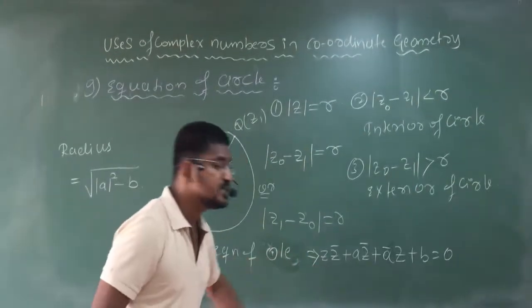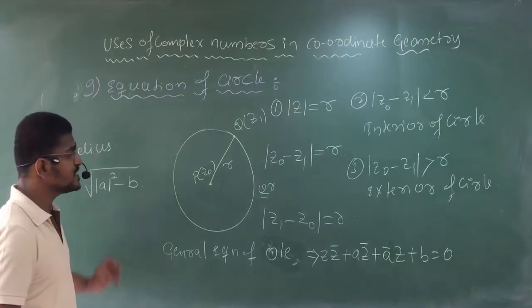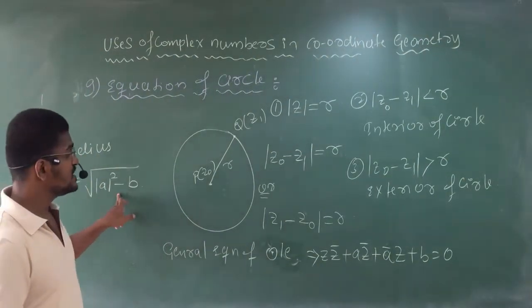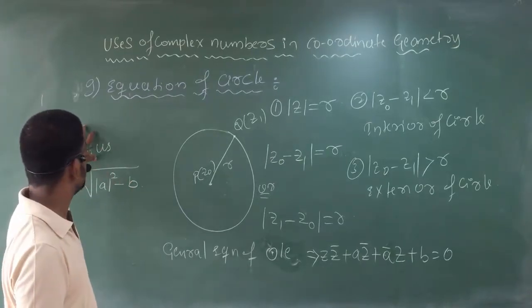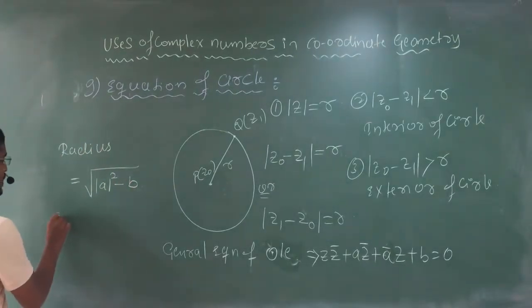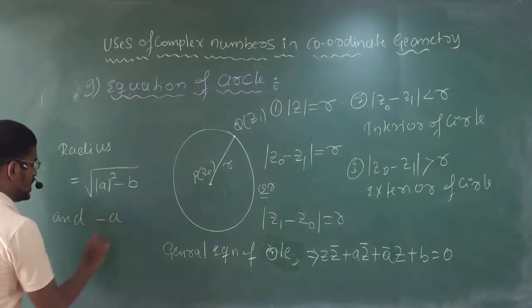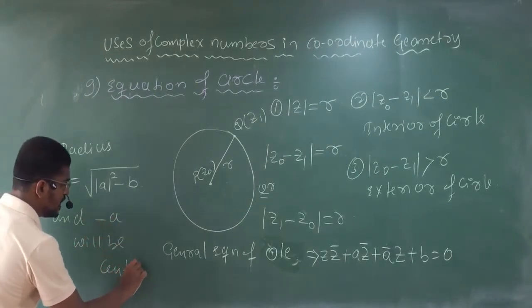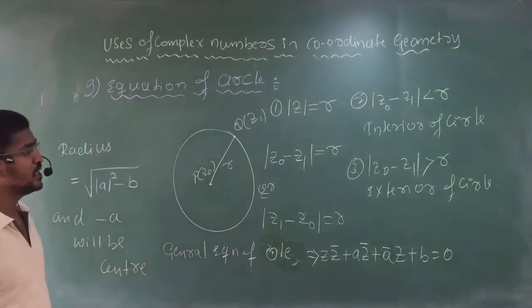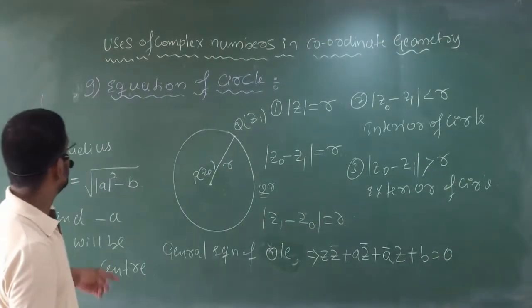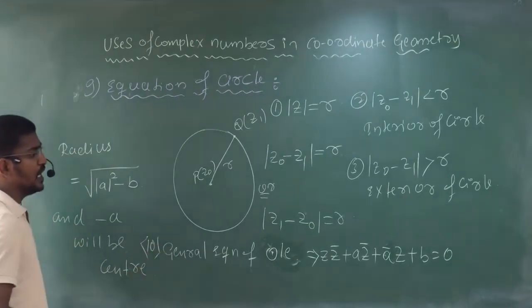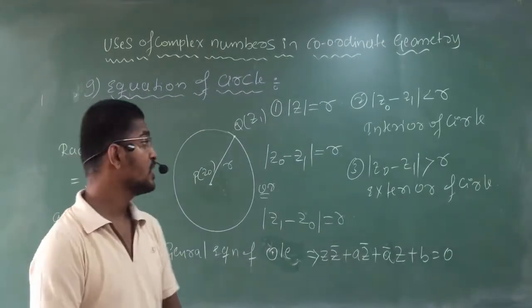So from this you can find the radius of the circle: square root of mod A square minus B will be your radius, and minus A will be the center of the circle whenever the equation of circle is given in general form. Clear, students?